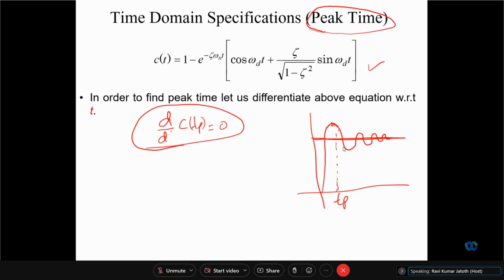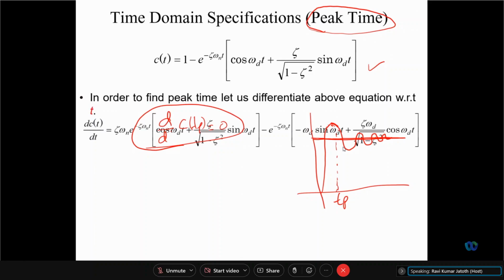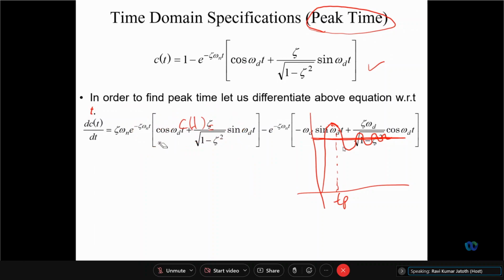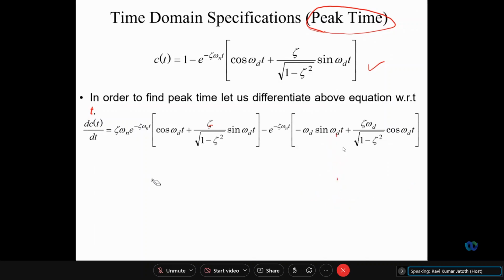Yes, sir. Okay. So if you try to find out this particular expression, dc of t by dt, if you try to differentiate this with respect to time, and then if you equate it to 0, then at that time you will be getting the expression for Tp, peak time.